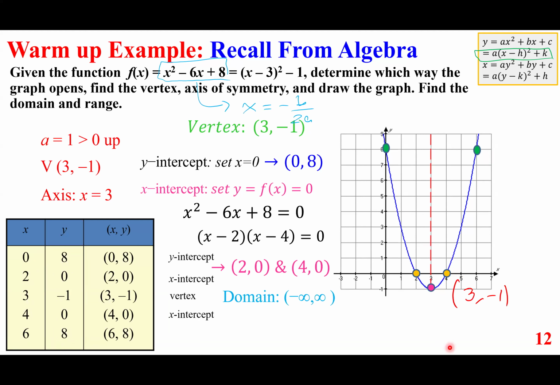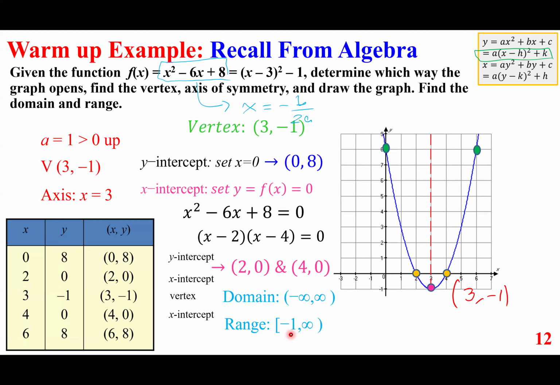If it opens down, from negative infinity to this point. So from -1 to infinity, is -1 included? Absolutely. Is infinity included? No. Infinity and negative infinity are concepts. We always go with parentheses. This is what we did in algebra. And you can do this and then convert it to the format that we learned here.